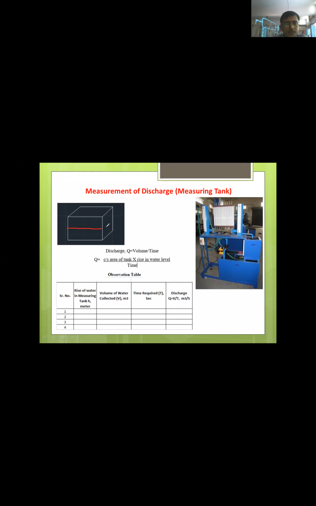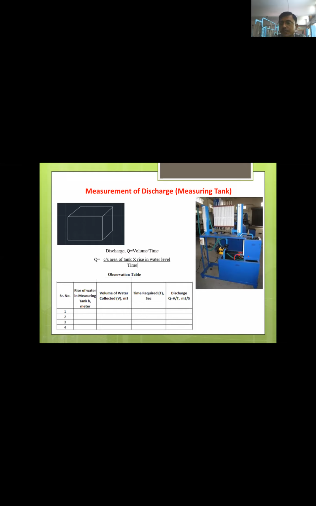Can we find that out with the help of a stopwatch? See here, in this particular apparatus, this is one tank which is called the sump tank, and this is the measuring tank. A tank of the type we drew in the diagram is here, the measuring tank. It has the inlet, where water falls in from here, and at the outlet a valve is fitted down there, from where the water keeps flowing out continuously.